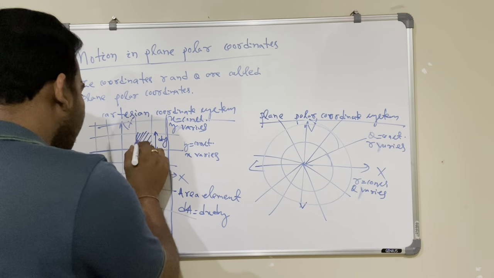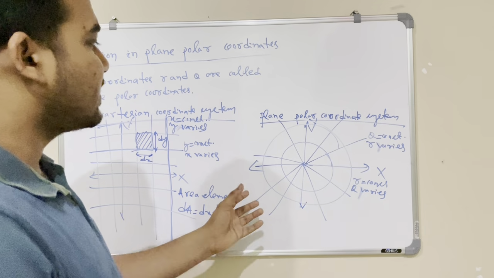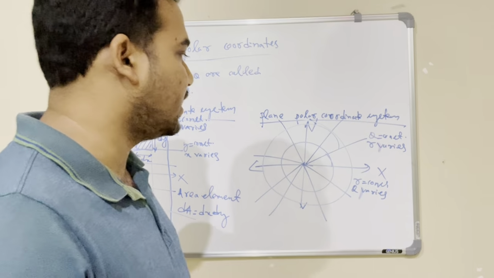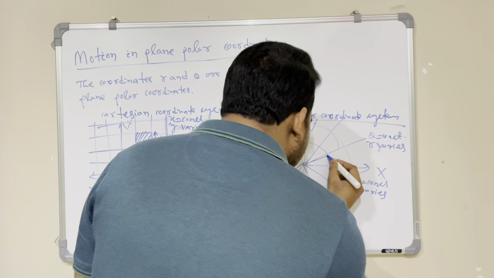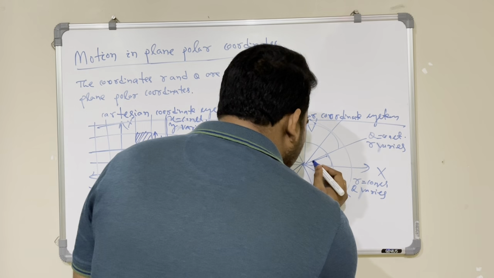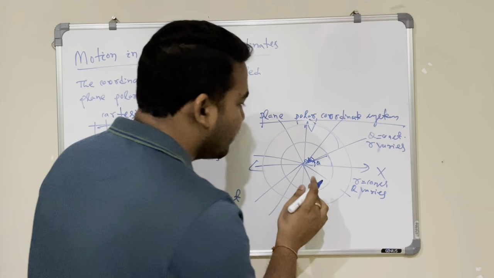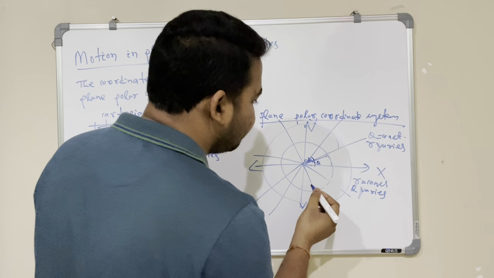Okay, here is a small grid. So the area element is dx times dy. Similarly here, in plane polar coordinate system, we can calculate the area element. How to calculate that? Okay, let's say here is the angle theta, here is the angle d theta. So this angle is theta and this small angle is d theta.